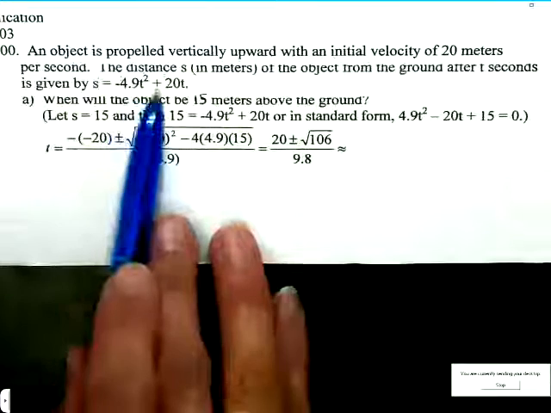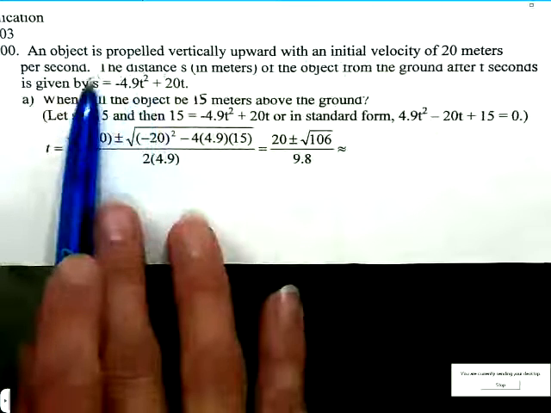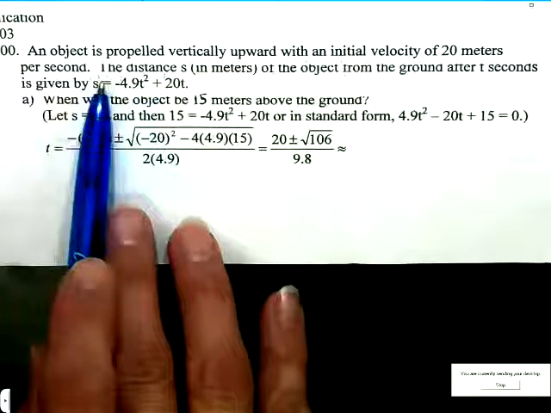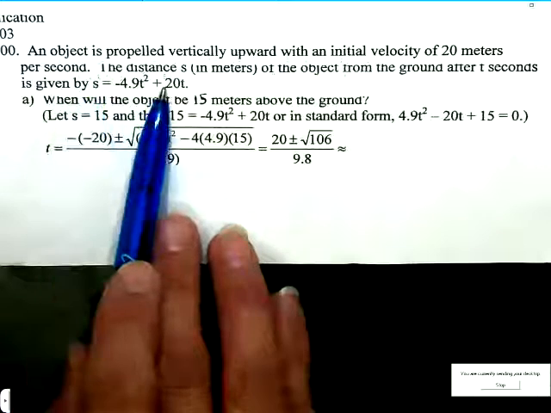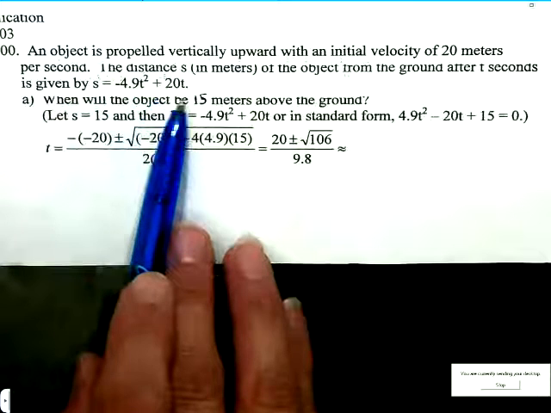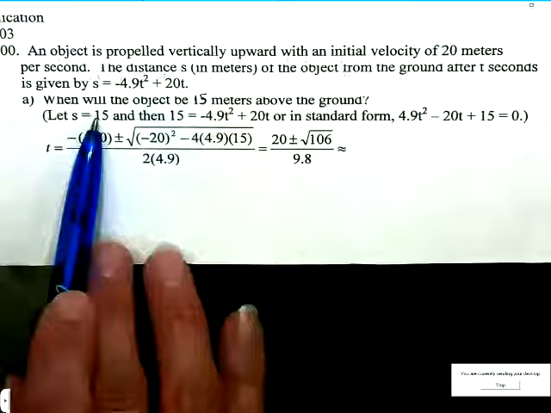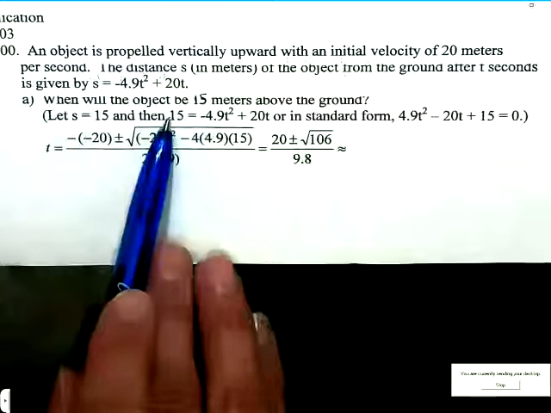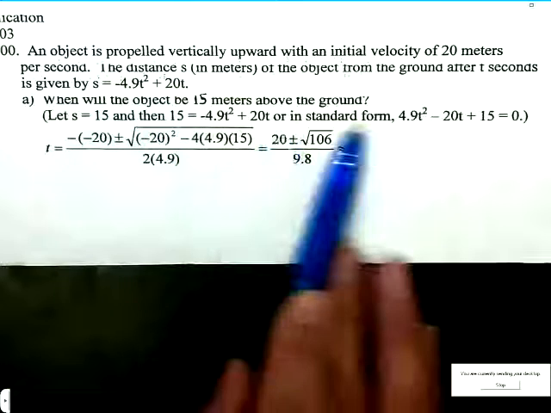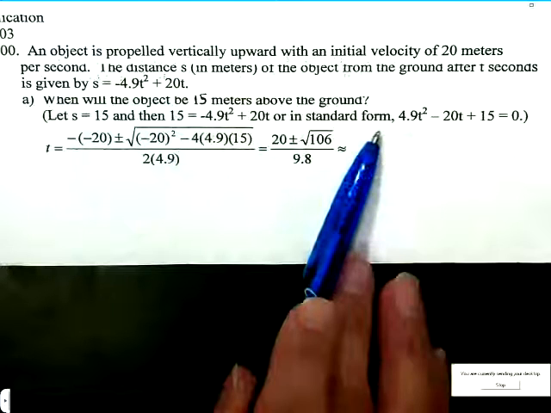I was given this equation for finding the height, but if I'm given the height and I want to find the time, I just need to put that height in place of S. Here's 15 in the place of S, and here's what I got in standard form.